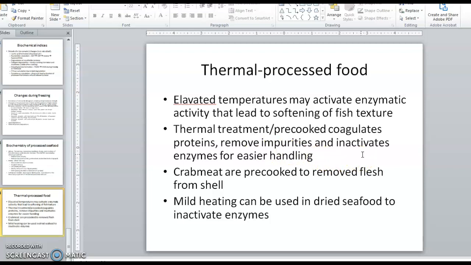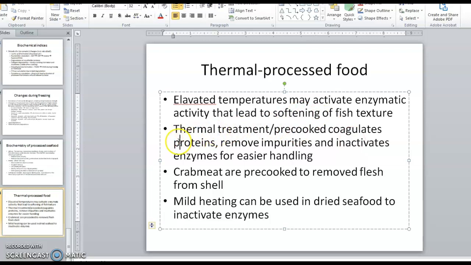Okay, so for example, the canned sardine, they cook first so that they can undergo all these processes of removing the coagulated protein, impurities, and so on. Crab meats are pre-cooked to remove the flesh from the shell, otherwise it is very hard to separate from one another. Mild heating can be used in dried seafood to inactivate certain enzymes that can lead to the lower quality of the seafood.